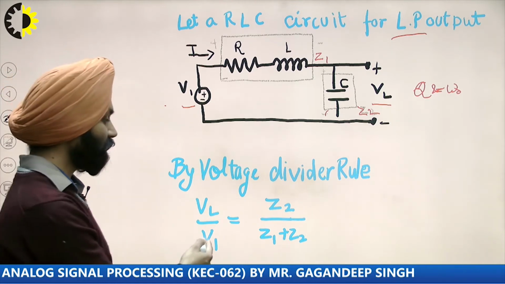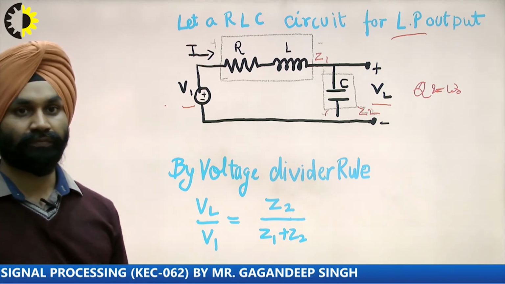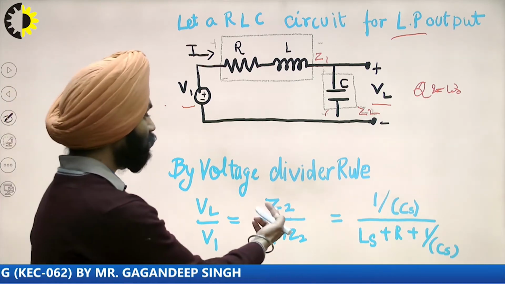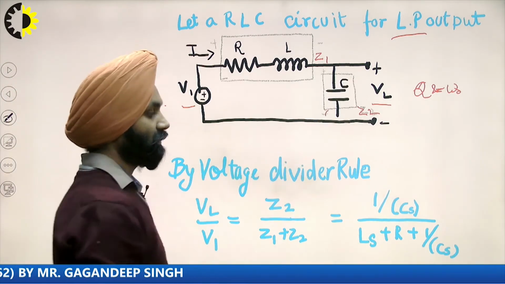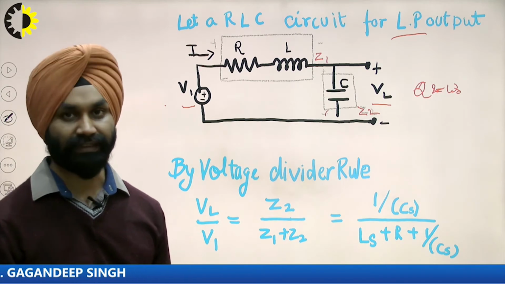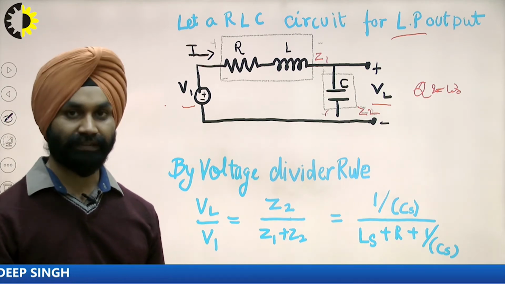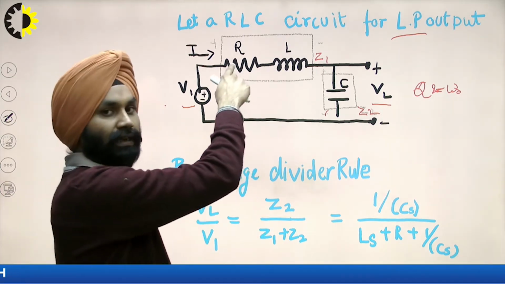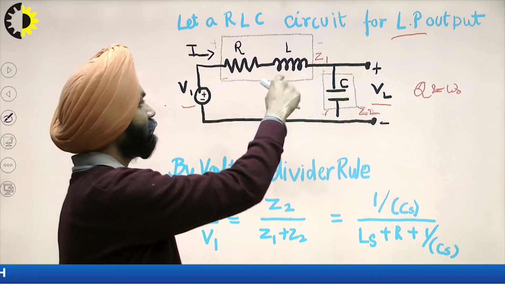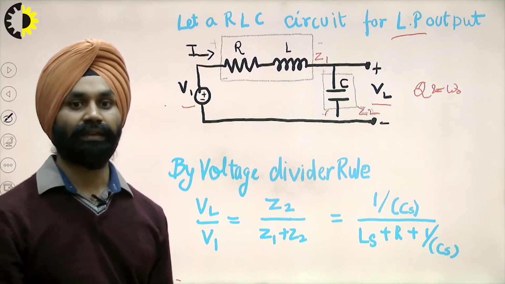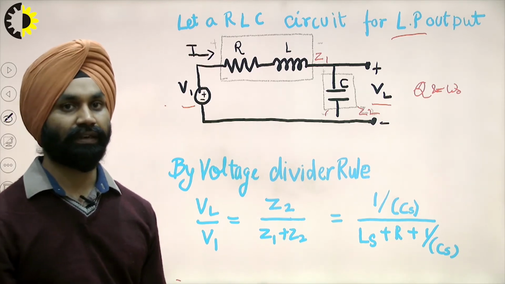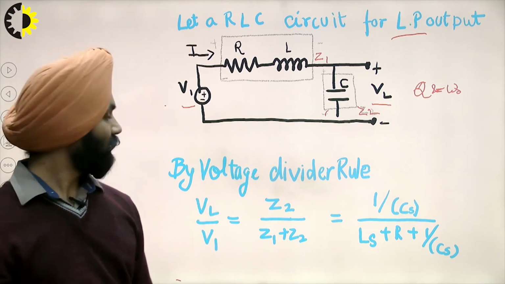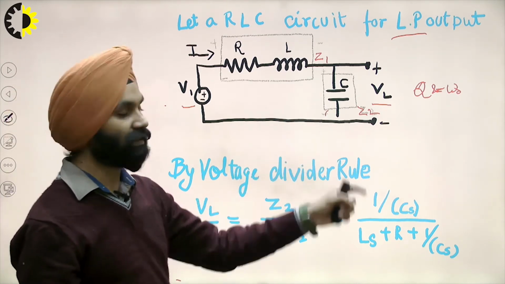So, VL by V1 will be Z2 by Z1 plus Z2. If we put the values of Z1 and Z2, Z2 is the capacitance, that is 1 by Cs in the S plane, and this is in series. So, it will be R plus Ls, the impedance of the inductor in the S plane, plus Z2, which is 1 by Cs.